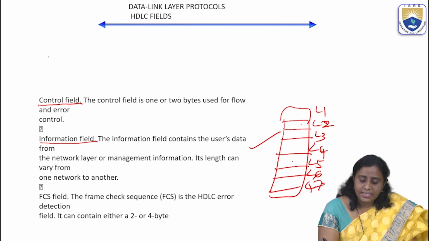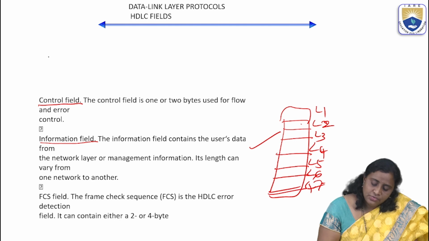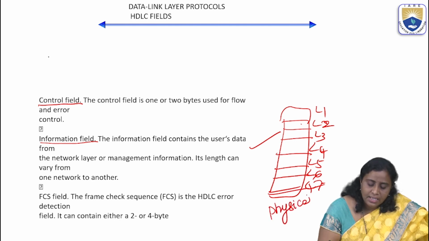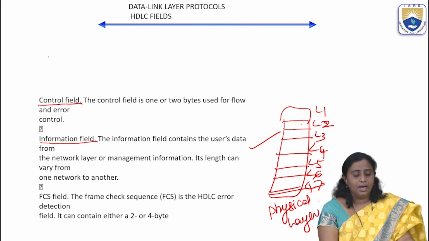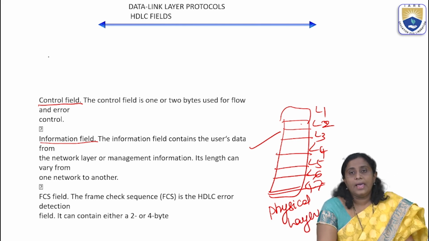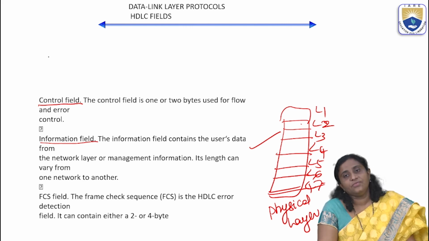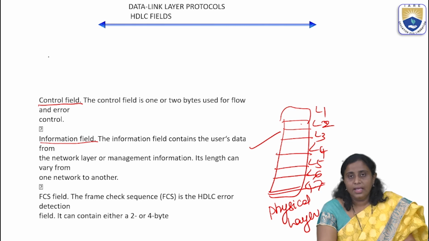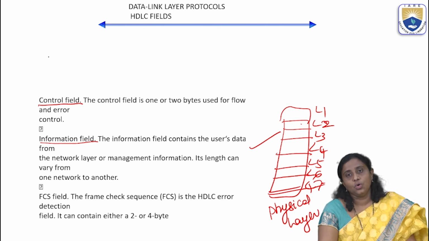So layer 4 data goes to layer 5, layer 5 to layer 6, layer 6 to the last and least layer, which we call the physical layer. So the information field contains the user's data from the network layer or management information. Its length can vary from one network to another under the OSI reference model.